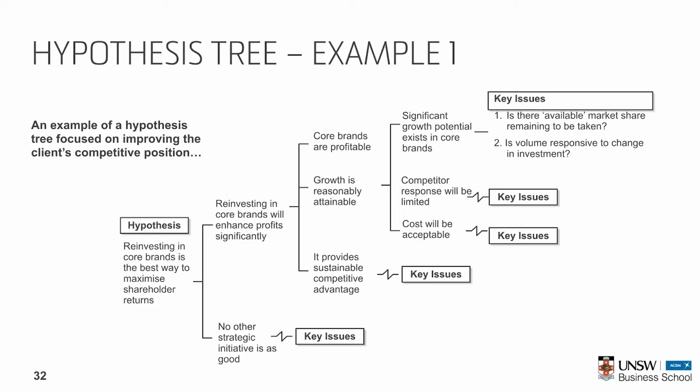So reinvesting in core brands is really the best approach to driving the performance of the business. There's no other option. So if you did take that type of approach, you then need to build up and say, well, if I'm going to reinvest in core brands, then core brands are profitable. That would be the first piece of the issue you'd need to actually understand. So are they profitable? Are there significant growth opportunities for those particular core brands?